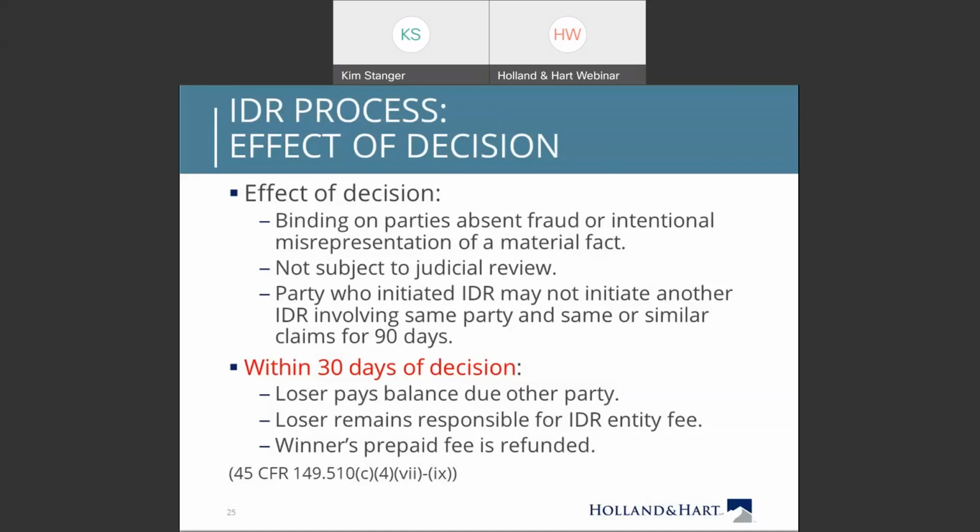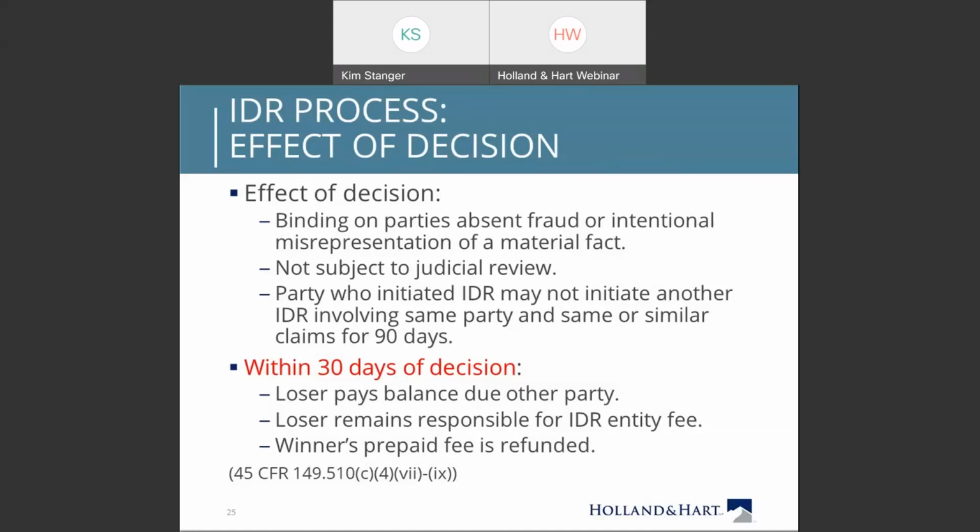So you can't submit a bunch of these in a relevant time period. If you had submitted one during that 90-day period, then the 90-day period to initiate the IDR process is tolled until after that 90-day period ends. Within 30 days of the decision, the loser has to pay the balance that's due the other party. So if you're a provider and you won, then the payer would have to pay the additional amount.